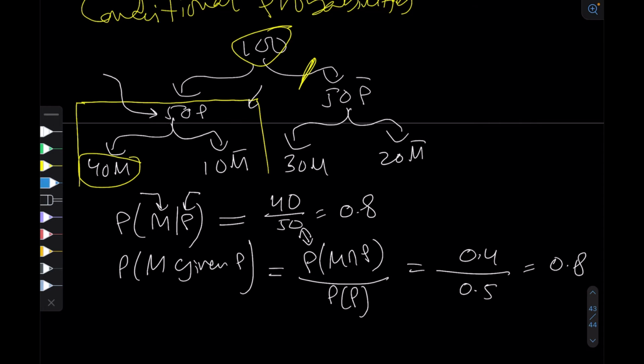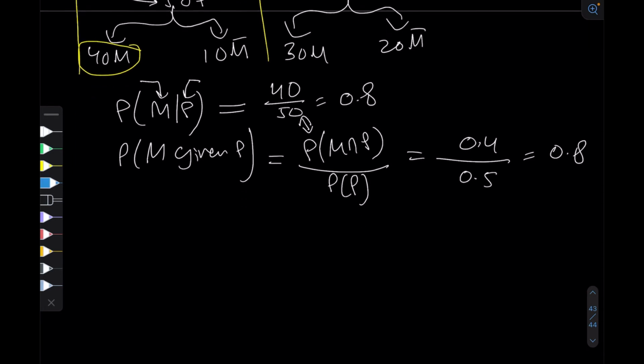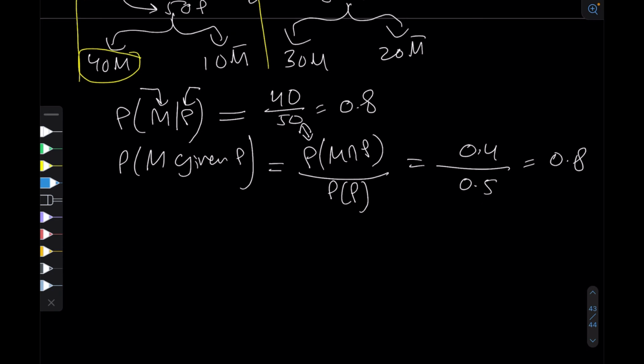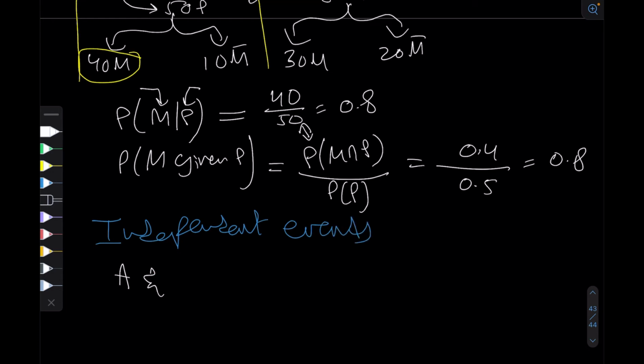So let's move along and look at a certain type of conditional probability that are independent events. So when we say that A and B are independent, what we really mean is that the occurrence of one event does not change the probability of the other event.